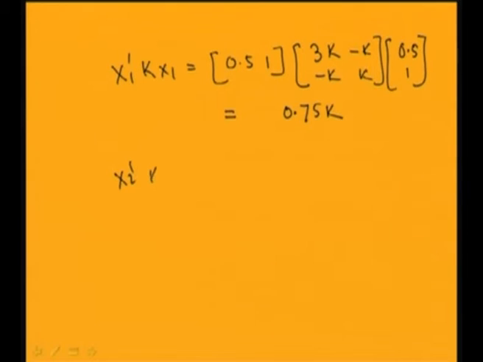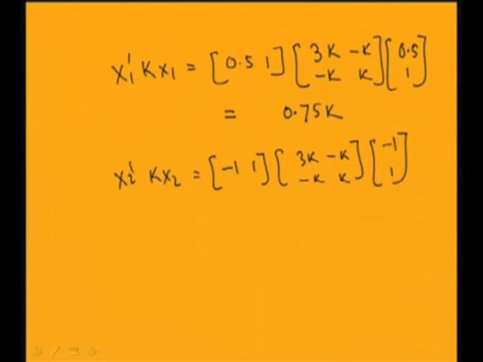Similarly x2 dash K x2 equal to minus 1 1, into 3k minus k, minus k k, into minus 1 1. So if you multiply this, this is coming to be 6k. So this P weighted modal matrix, already you know the modal matrix P.